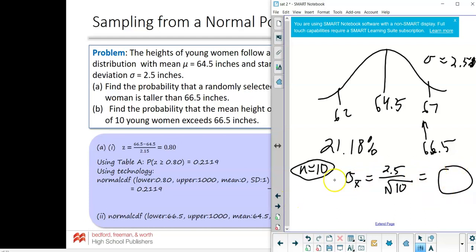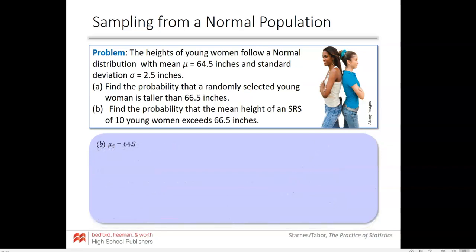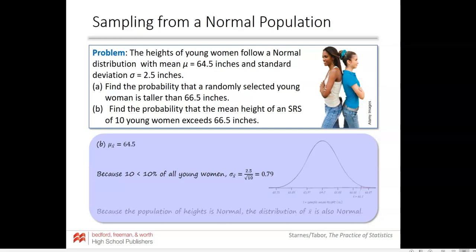Before we do that, we should probably check the less than 10% condition. So the heights of women. Is 10 less than 10% of all young women in the United States? Absolutely, right? So the mean is 64.5. Because it's less than 10%, we can use the formula. And when you type it in the calculator, you get 0.79.